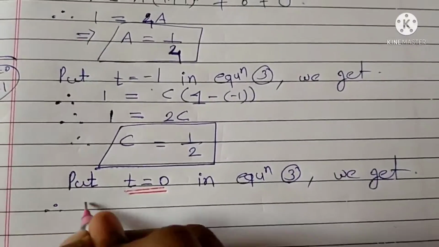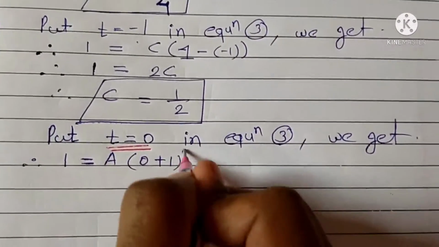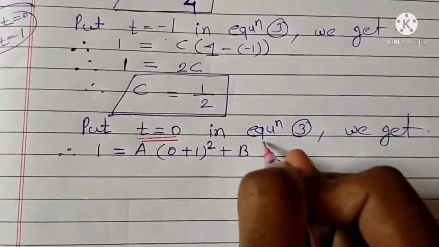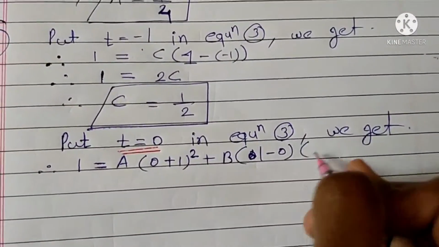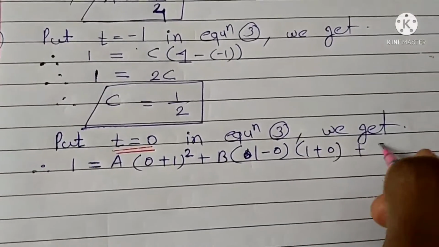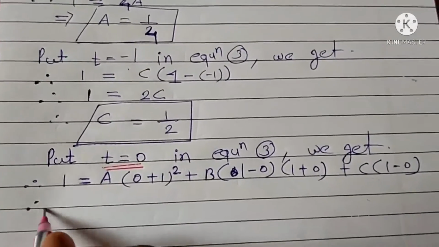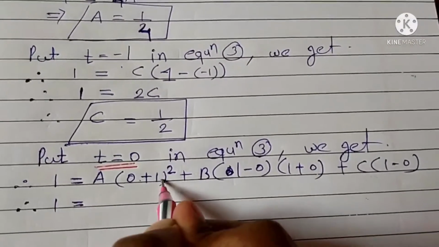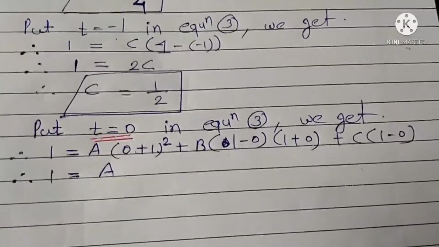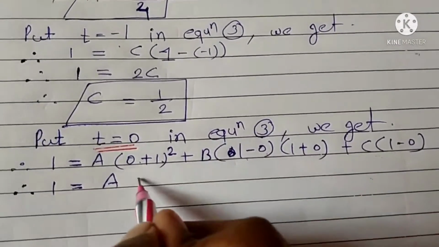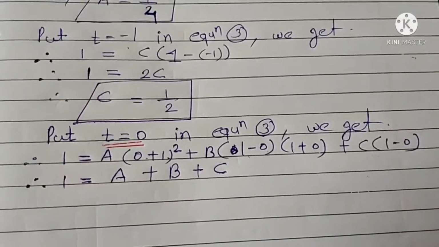Therefore 1 = a(0+1)² + b(1−0)(1+0) + c(1−0). Now calculate this. 0 plus 1, 1 squared is 1, so a, plus b times 1, and here c is also present.